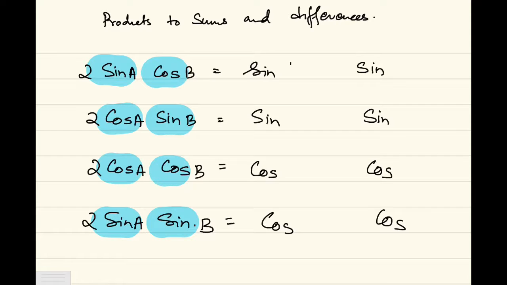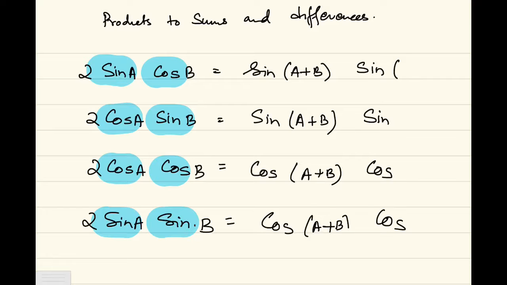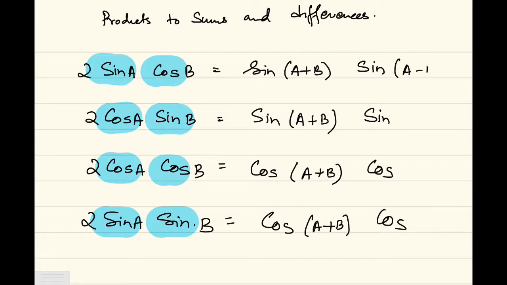Then without any hesitation, right here, a plus b, here comes a plus b, and here also you can write a plus b. Then here you write down a minus b, a minus b, a minus b, and a minus b, correct?